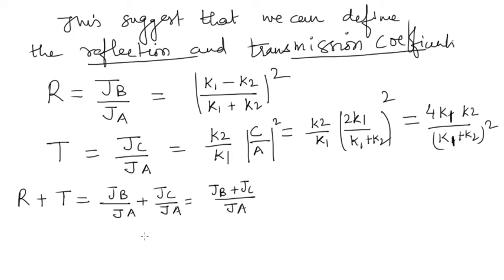We have proved that J in the first region is equal to J in the second region. And I have written JA minus JB is equal to JC. This already I have proved. So JB plus JC is equal to JA, and it comes out to be 1.